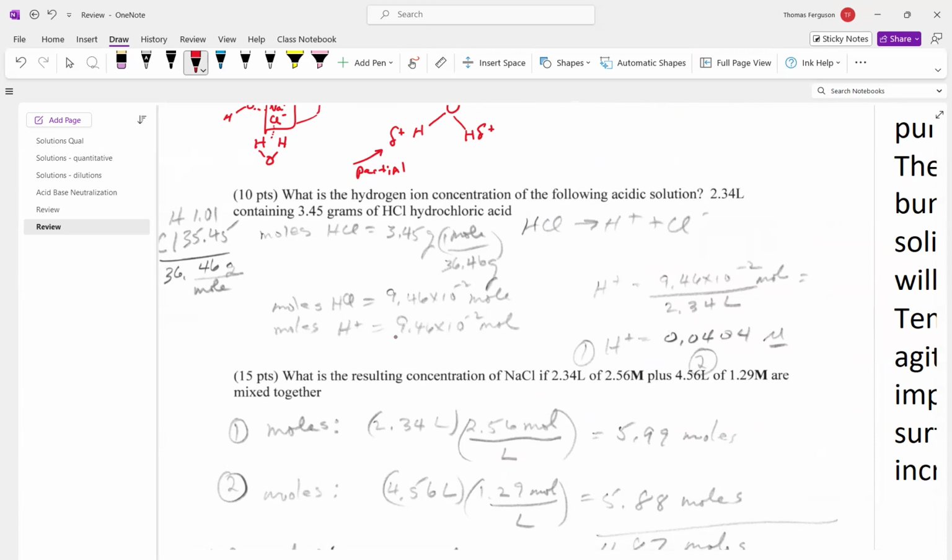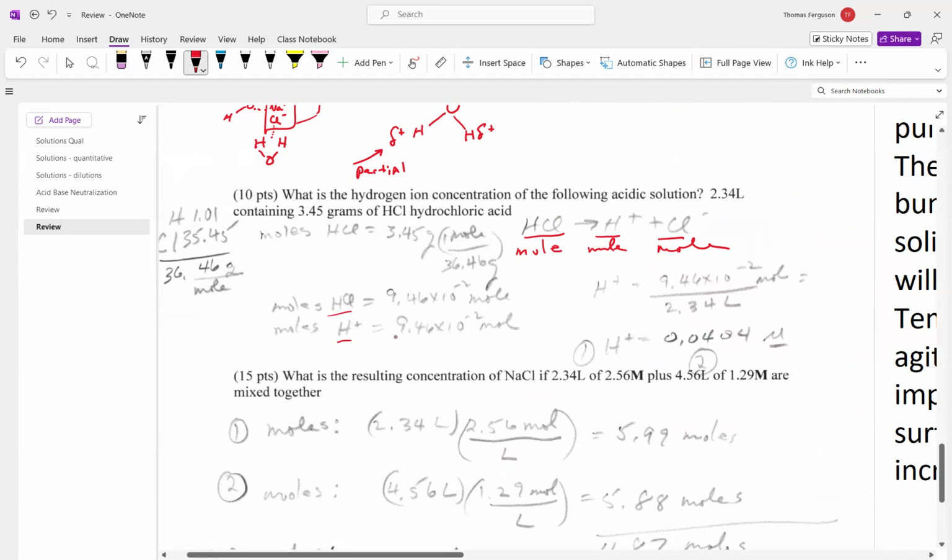In a reaction like hydrochloric acid, if we know the moles of that, we know the moles of that and the moles of that, because the relationship in the balanced equation is 1, 1, 1. So 1 mole of HCl equals 1 mole of H plus, also 1 mole of Cl minus. So moles of HCl equal moles of acid.